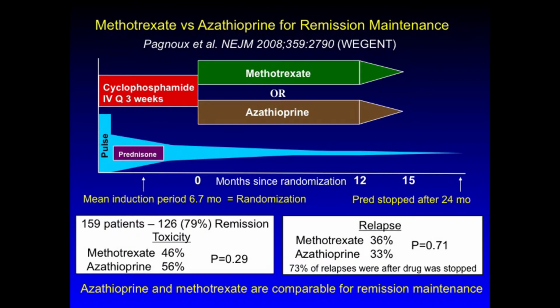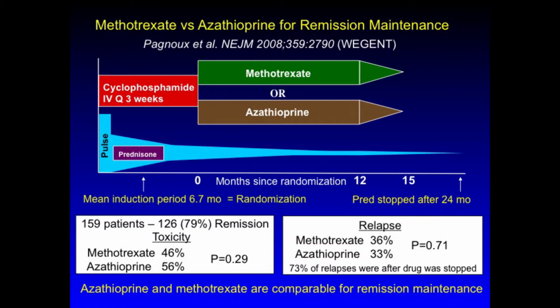Now, the next question became, as far as if you had someone that could receive either methotrexate or azathioprine, was there a preferable first choice? And this was explored in a study from the French vasculitis study group, whereby patients were induced with cyclophosphamide, and after achieving remission, they were randomized to either methotrexate or azathioprine, which was taken for 1 year and then tapered off after 3 months.